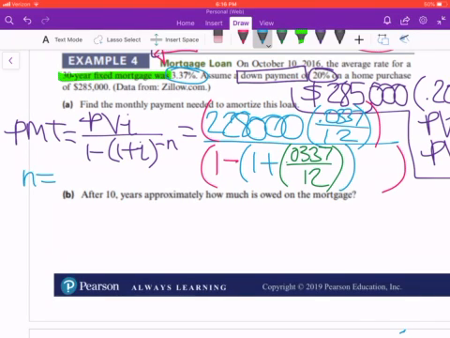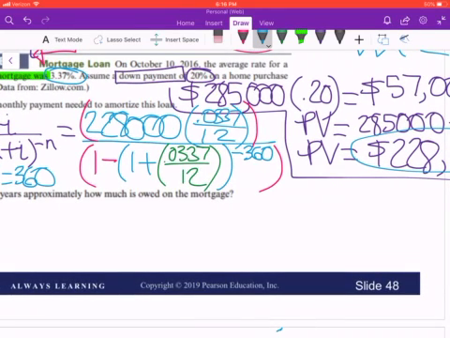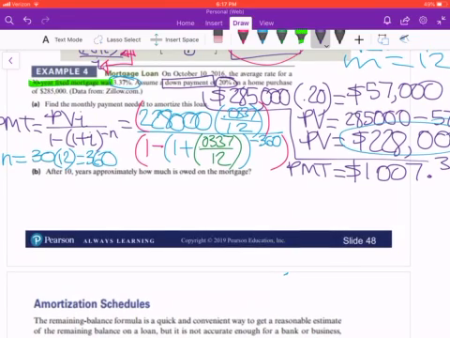Since we're talking about 30 years compounded monthly, n will equal 360. So the exponent here will be negative 360. If you enter everything correctly on your calculator, you will get that the payment is $1,007.35.